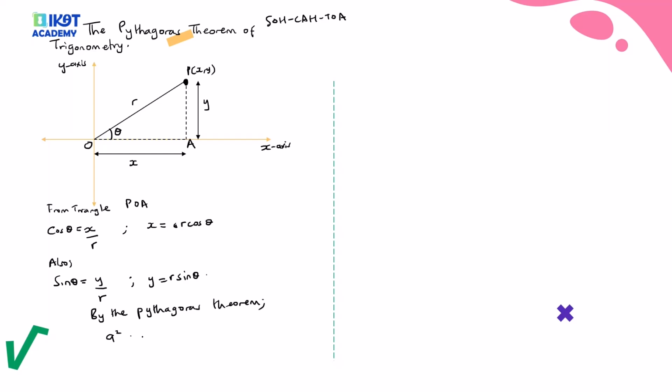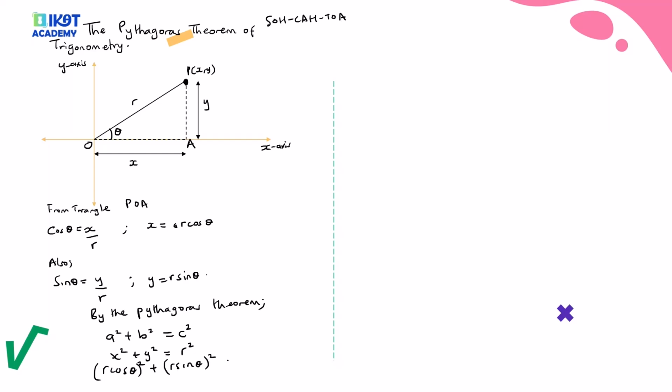So this is x squared plus y squared is equal to the hypotenuse squared, r squared. But we generated x as r cos theta, so this is r cos theta squared, plus y is r sin theta, so plus r sin theta squared, is equal to r squared.